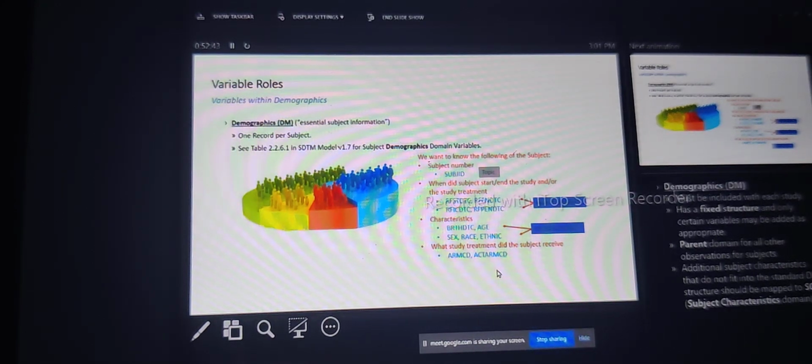Okay, what is the difference between not treated and not assigned? Not randomized is not assigned. After randomization, if the drug is not taken, it's not treated. Okay, yeah, that's correct. So what is the actual and what is the planned?